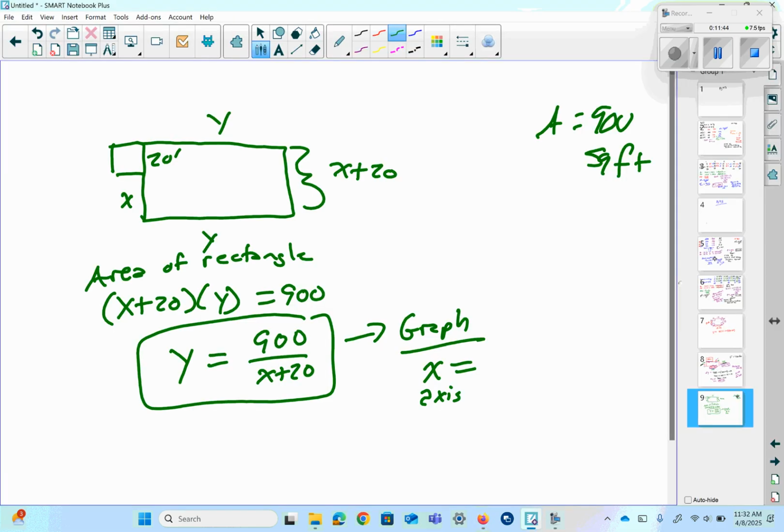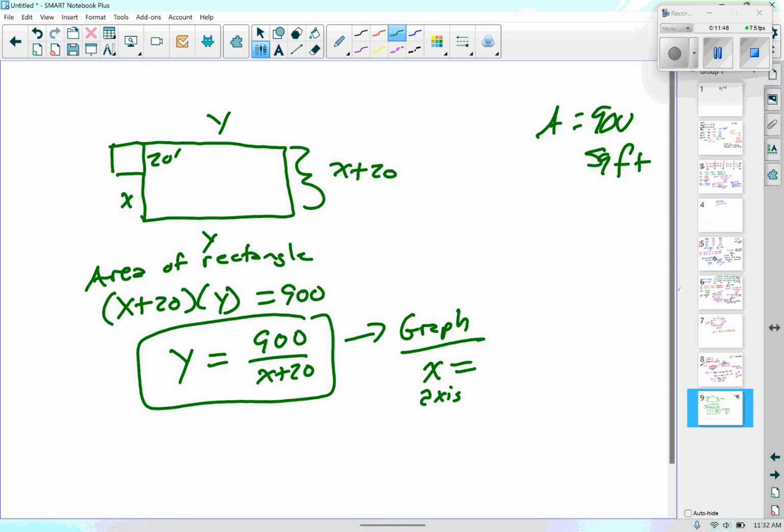Let's try it another way, because that's not giving us where it crosses. Thoughts? Any help on that? Let's try one more time.